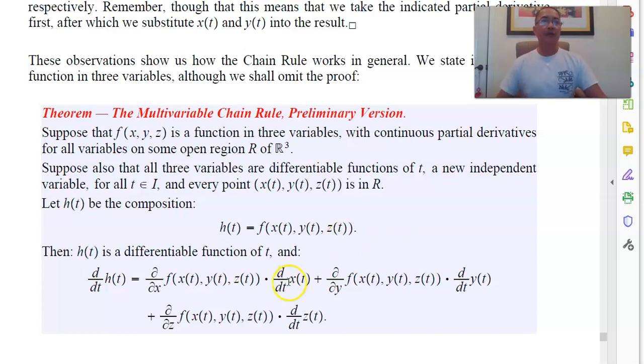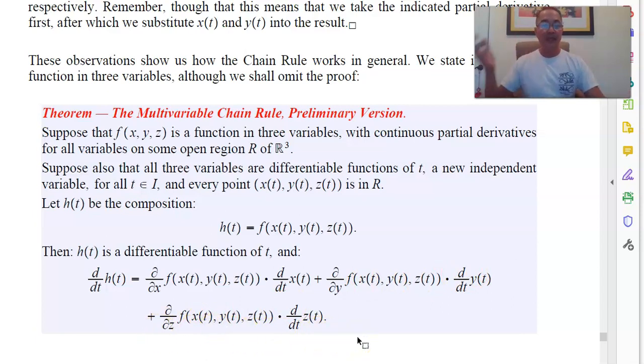Okay, so what does the chain rule say? The derivative of h with respect to t, because there's only one variable appearing here, is the ordinary derivative of h with respect to t, just like what we did. It is made of 3 terms: one term plus a second term plus a third term.